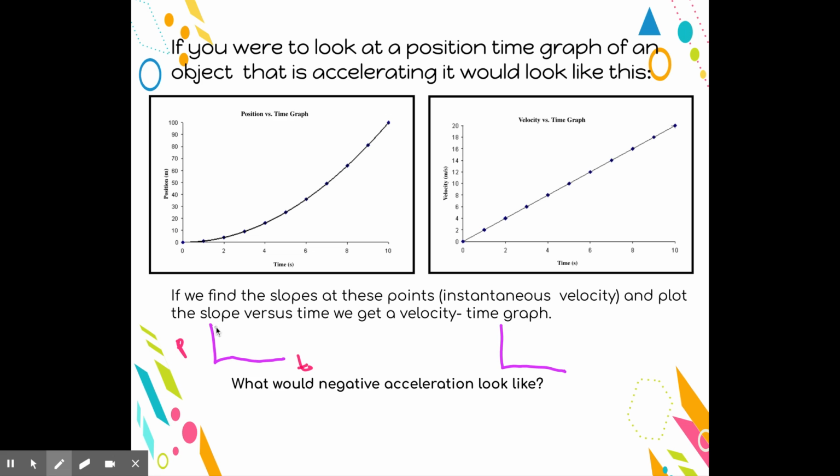Your negative acceleration would curve down, and your velocity time graph would have a constant straight diagonal line downwards. So this would be a VT graph because your velocity is slowing down and your position is also decreasing, but at an exponential rate.